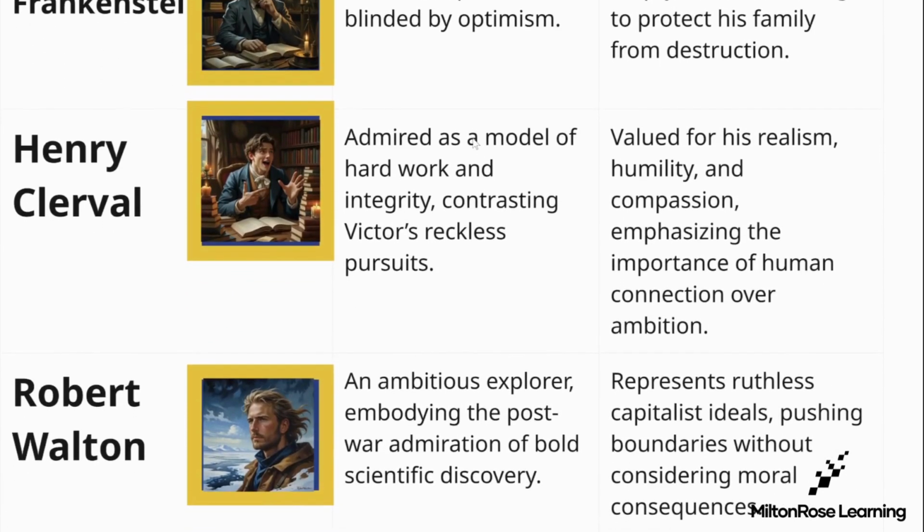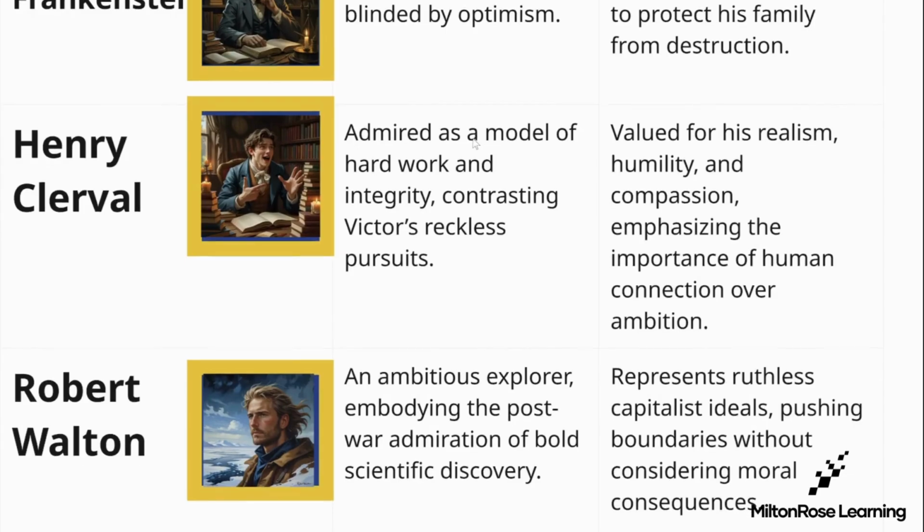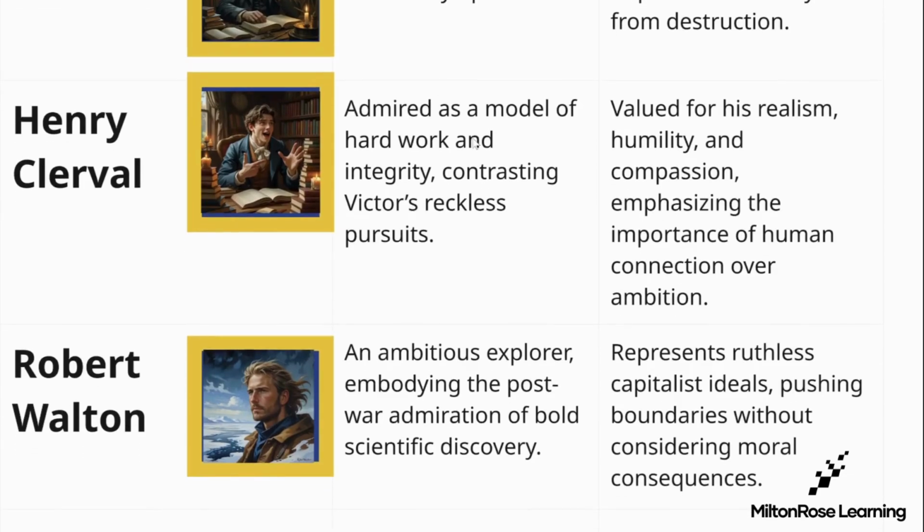And then Robert Walton, on the left, we have the Regency view: an ambitious explorer, embodying the admiration of bold scientific discovery, whereas a modern day interpretation might see the ruthless capitalist ideals and pushing boundaries without moral consequences.